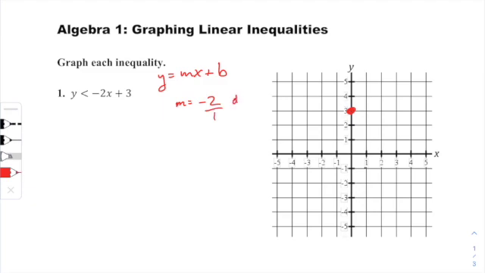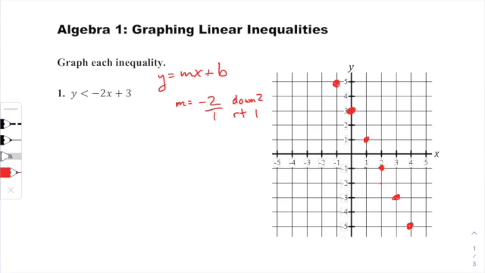That means we're going to go down 2 and to the right 1, right? Rise over run. Or you could go up 2 and to the left 1 if that's what you have room for on your graph. So I'm going to go down 2 and to the right 1. I like to do it a few times, as you know, or up 2 to the left 1 to give myself the best possible graph.